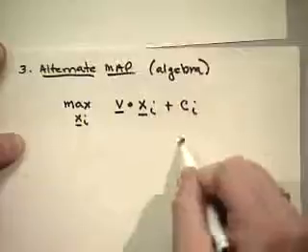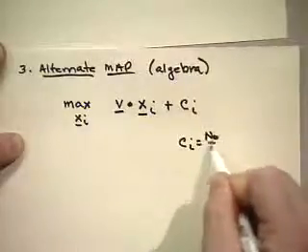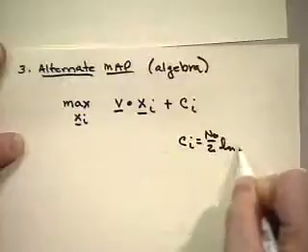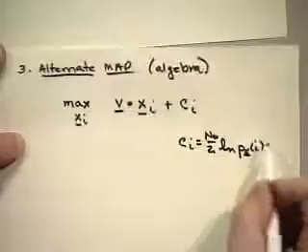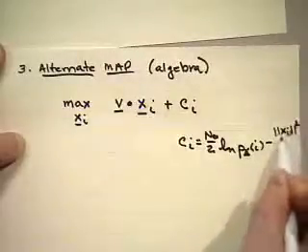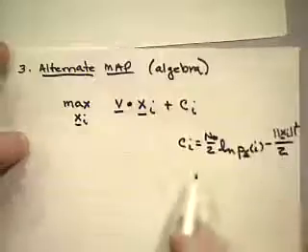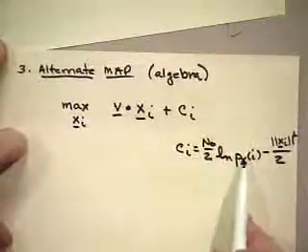And ci you can determine is N naught over 2 natural log of the probability of the ith point, minus the energy, essentially the squared norm of the ith point, divided by 2. You can clearly see this depends only on the input, so it could be pre-computed.